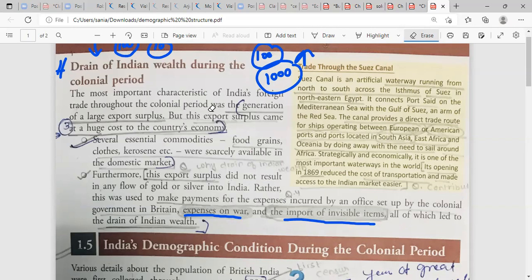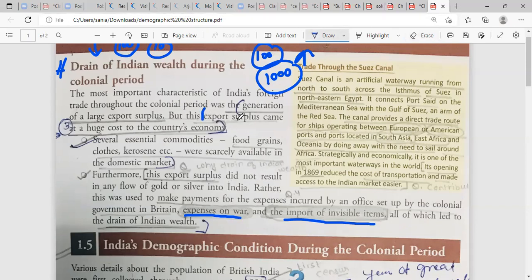Just write one more question after this. How can you say that export surplus came at a huge cost of the country's economy? Okay, this is the question.